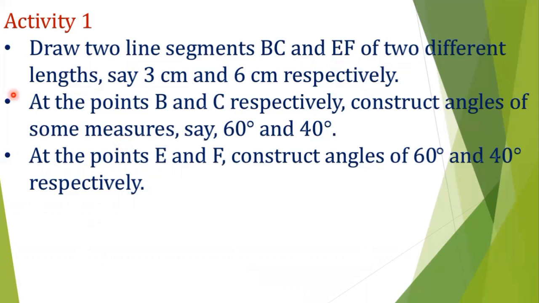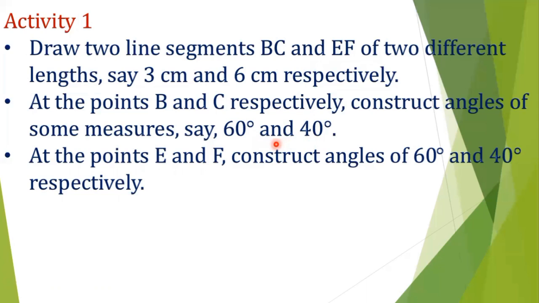The first activity is to draw two line segments BC and EF of two different lengths, say 3 cm and 6 cm. It can be of any measurement, no need of drawing 3 and 6 only. At the points B and C respectively, construct angles of some measures, say 60 degree and 40 degree.